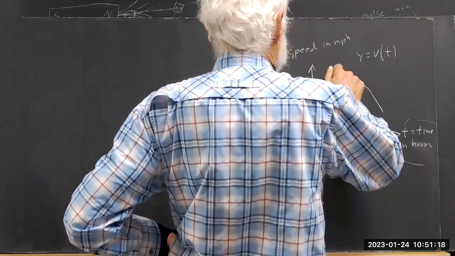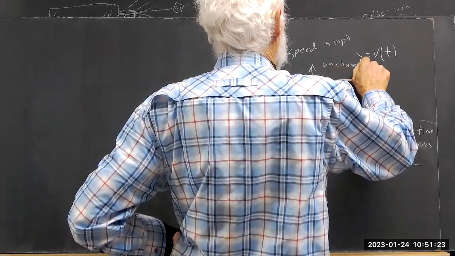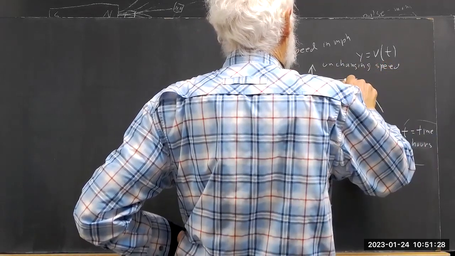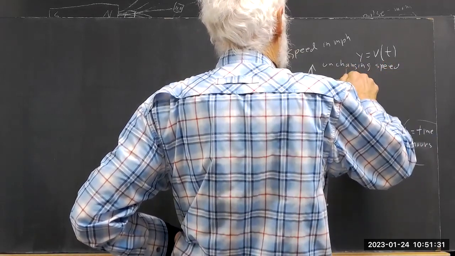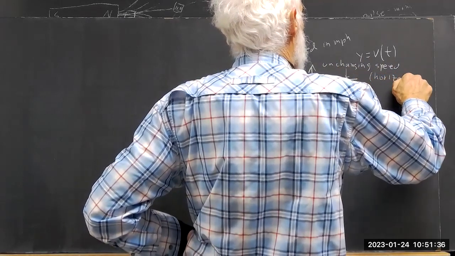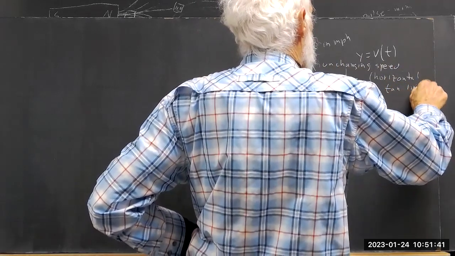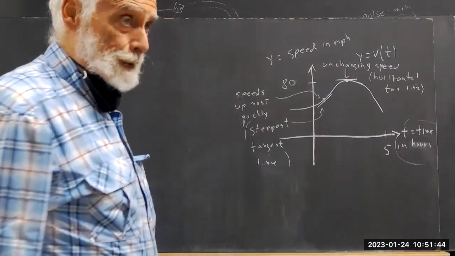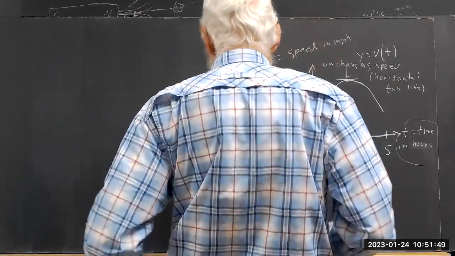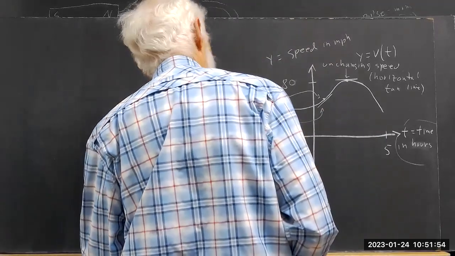Okay. Say the unchanging speed is at this point. There's a horizontal tangent line. Okay. Now, I gotta do this kind of quick, we're going to run out of time, but you can see this.